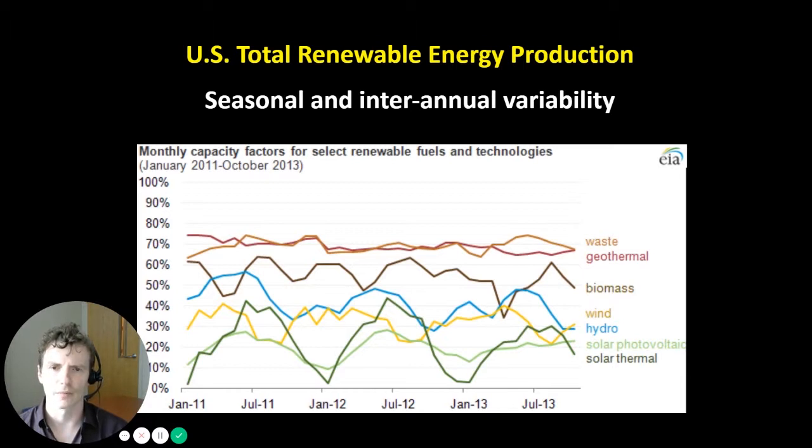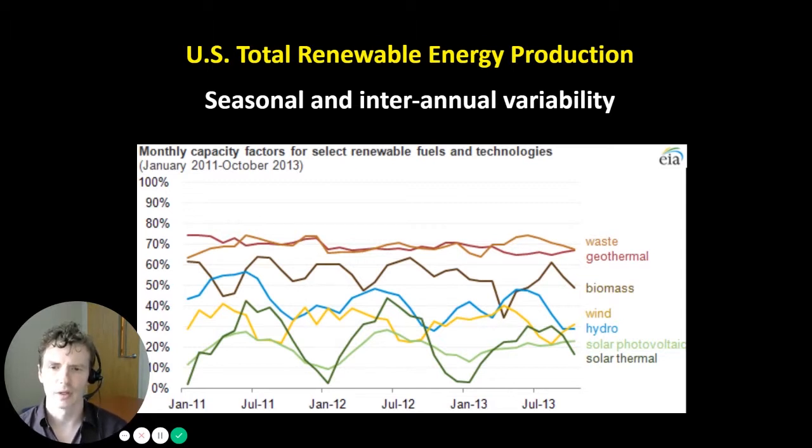And this is for total aggregated capacity factors over the entire United States. So for wind, we see that if you added up all the wind power in the United States, the lower productive periods of the year would be late summer. The higher periods of the year would be winter and spring and fall.